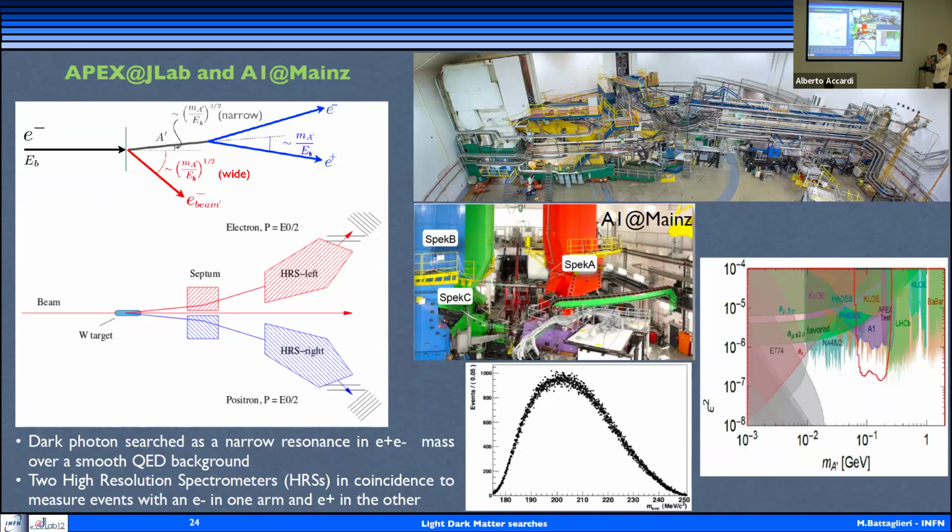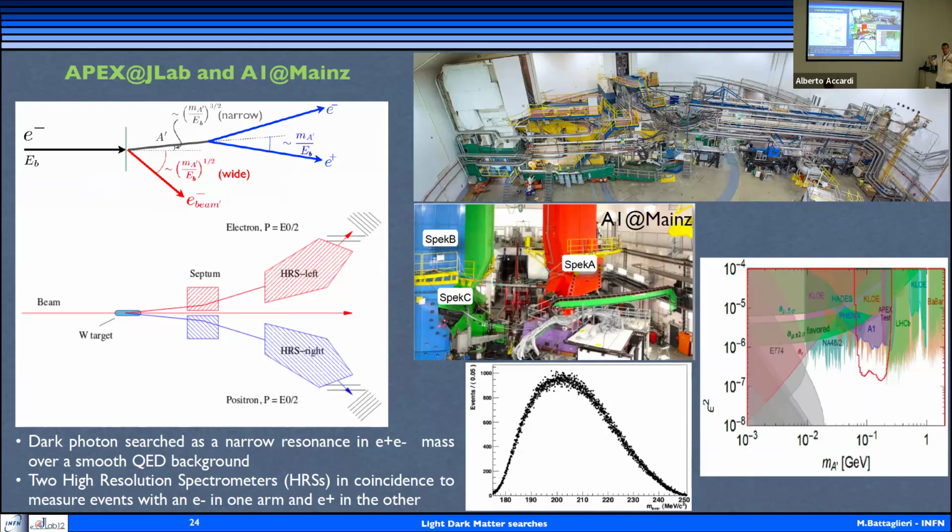So again, the point is putting together experiments from the world. This was done at Mainz, APEX at JLab, NA48 at CERN, KLOE in Frascati, HADES in Jülich, PHENIX in Brookhaven, KLOE again in Frascati, BaBar, SLAC.